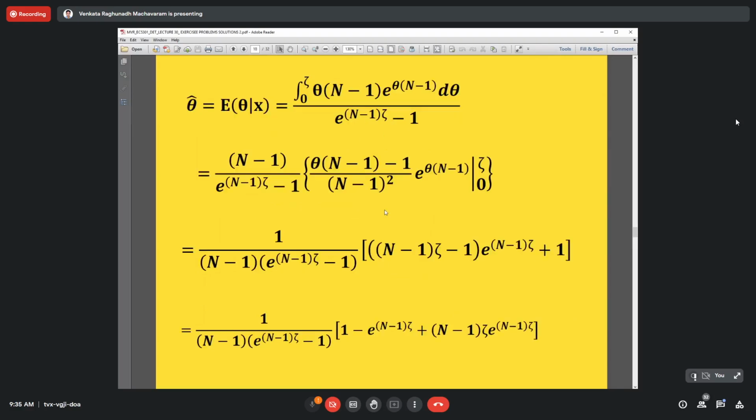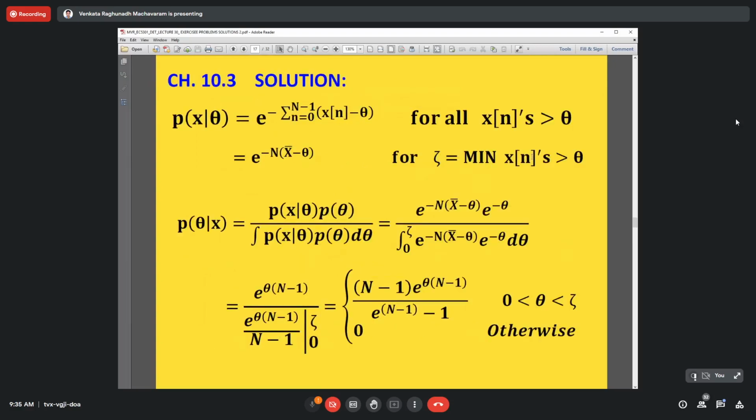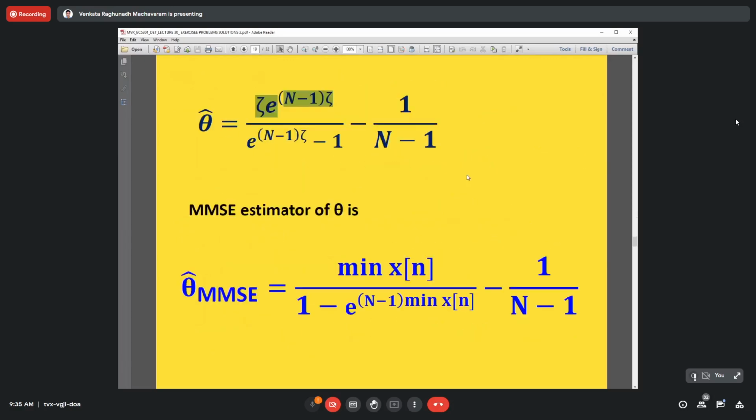Substituting the value of psi, the minimum of xn's greater than theta, which sometimes you take as a minimum selector, so e to the n minus 1 psi, so this is psi times e to the n minus 1. Take the ratio, or use it as it is, minus 1 by n minus 1.